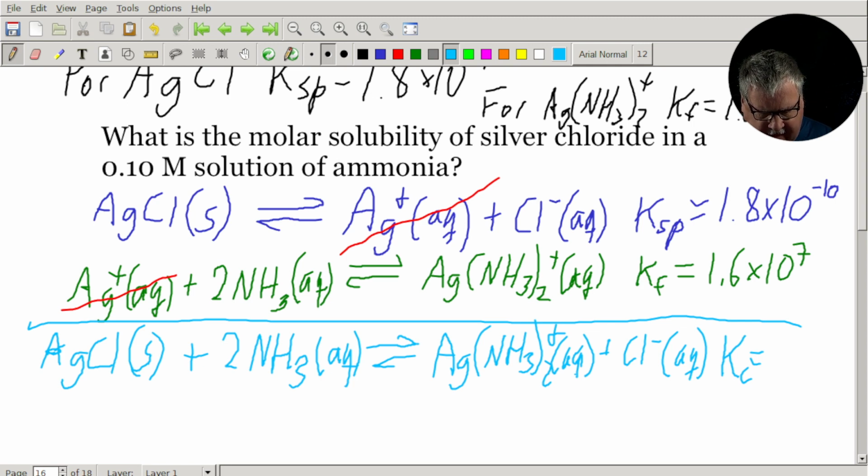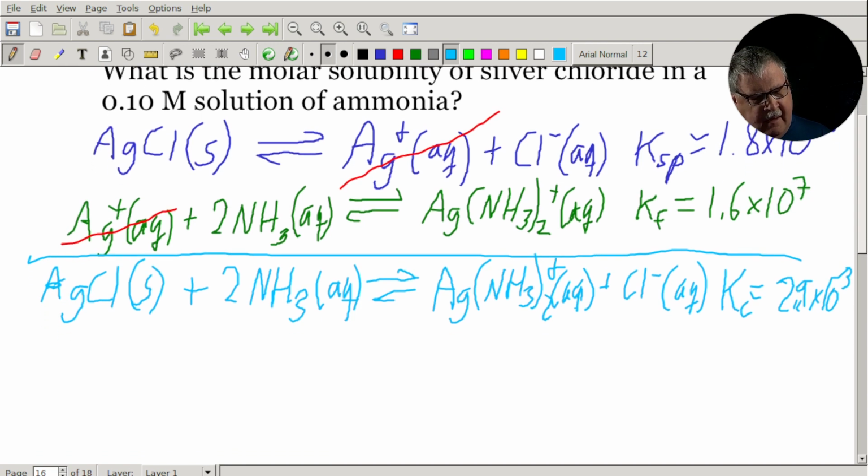If I do that, I get 2.88 times 10 to the negative 3rd. So I'm going to round that to 2.9 times 10 to the negative 3rd. It's still small, but it's significantly larger, and you're going to see how this affects the molar solubility of silver chloride.